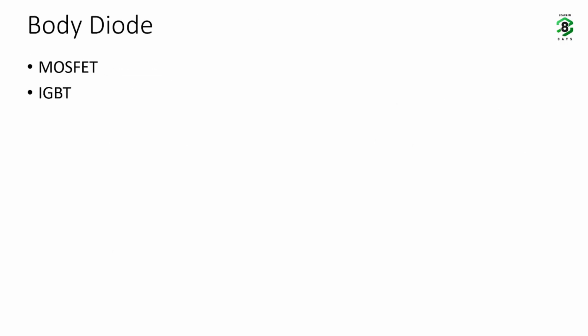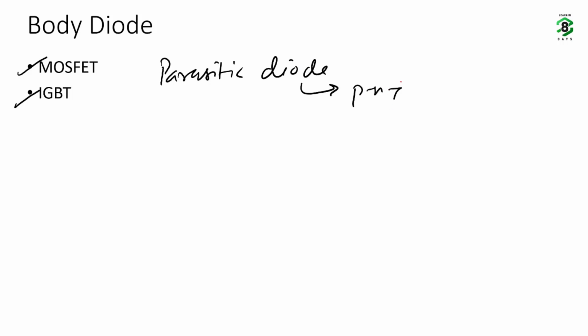Now we will study one important concept: the body diode. In some power electronic devices, like the MOSFET and IGBT, a parasitic diode is present. It is a PN junction diode, which allows the current to flow in the reverse direction, that is, opposite to the normal current flow direction in the MOSFET and IGBT.